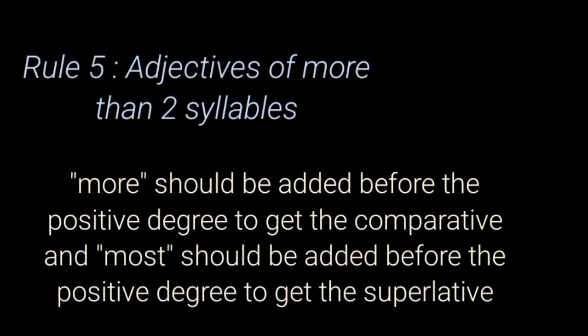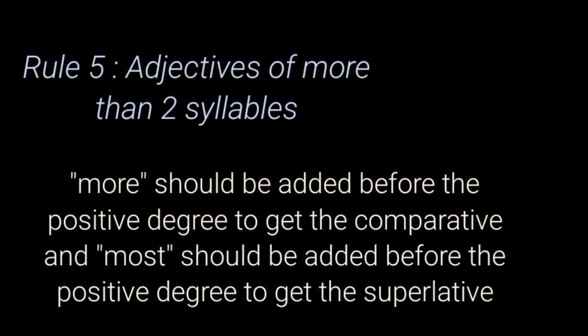Rule 5: adjectives of more than two syllables. Some adjectives like beautiful, powerful contain more than two syllables. In such cases, er or est should not be added in order to get the comparative or superlative degree.